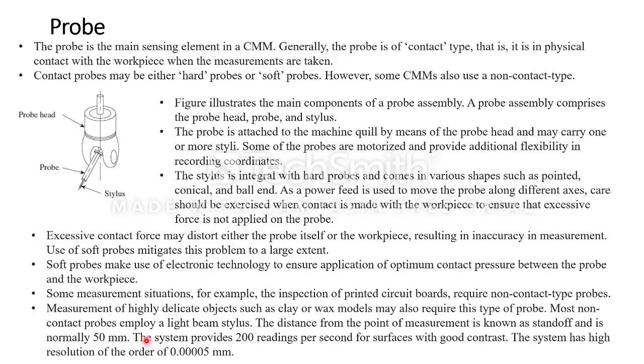The system has high resolution, of the order of 5 x 10^-5 or 5 x 10^-6 mm. So this much resolution it is having. So you can assume how precise the value you are measuring from these probes will be.